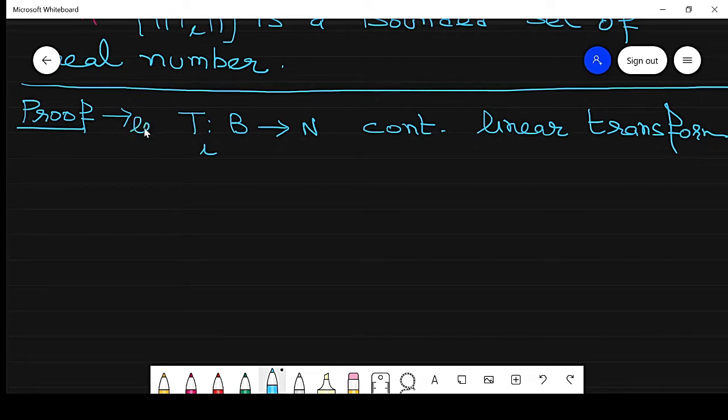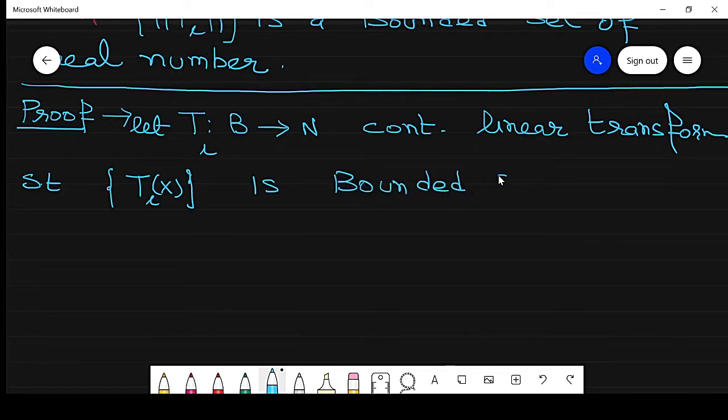Let Ti from B to N be such that Ti of X is a bounded set. That is given.